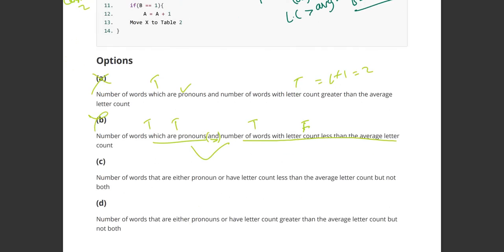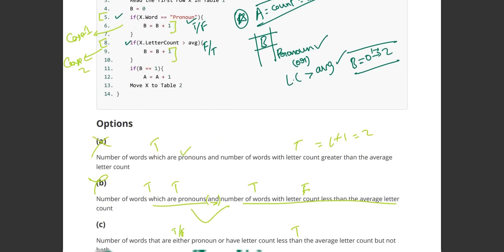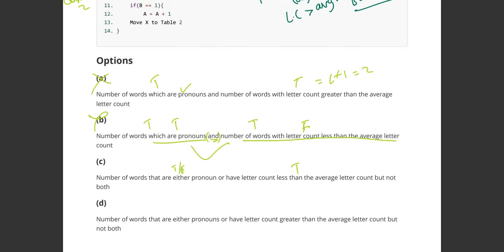In this way, this is also false, wrong option. Number of words that are either pronoun, that is true or false, or have letter count less than the average letter count.